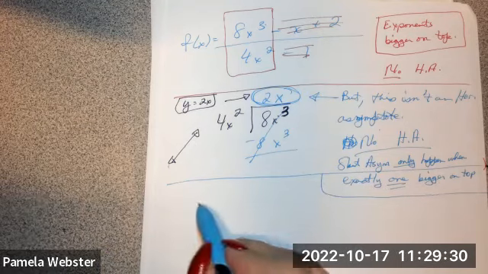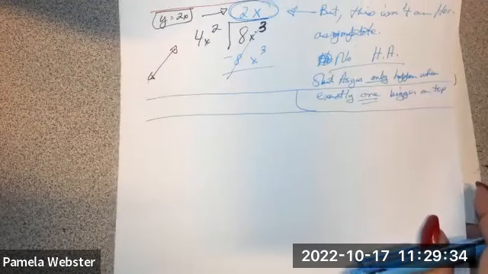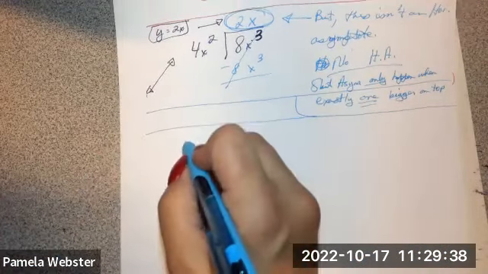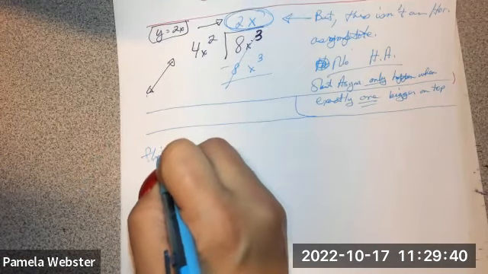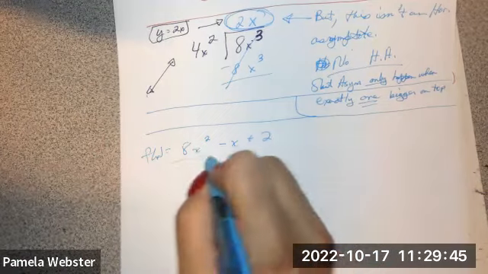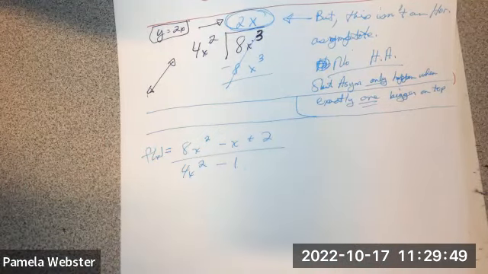All right, I want to show the third case. It looks something like this. Let's do 8x squared minus x plus 2 all over 4x squared minus 1. Same one. I keep on dividing by the same thing because I don't care what the other stuff is at the back side of it.